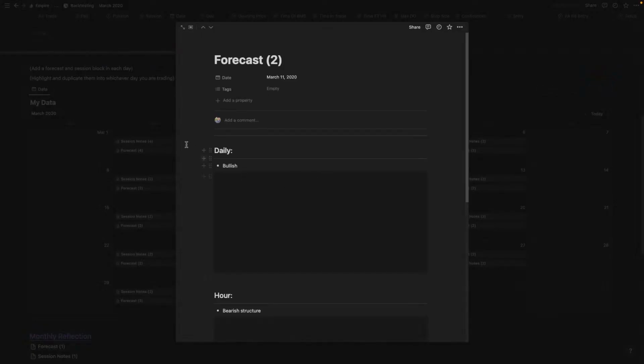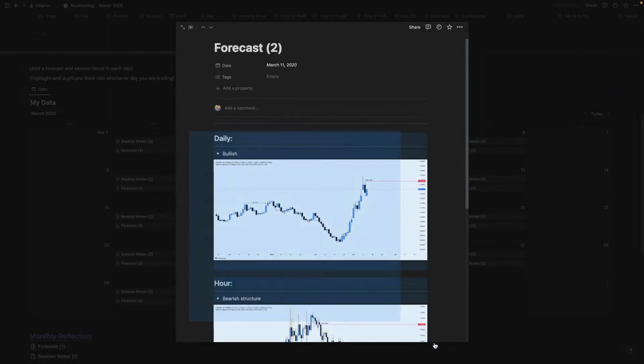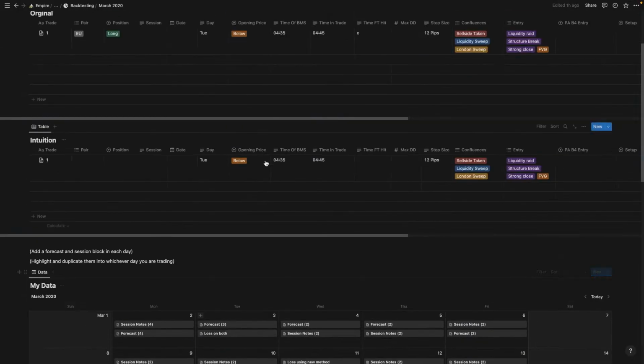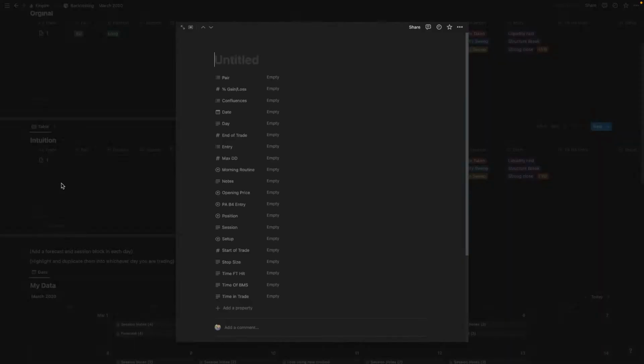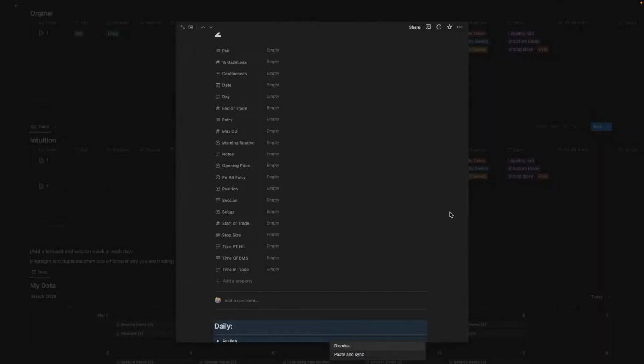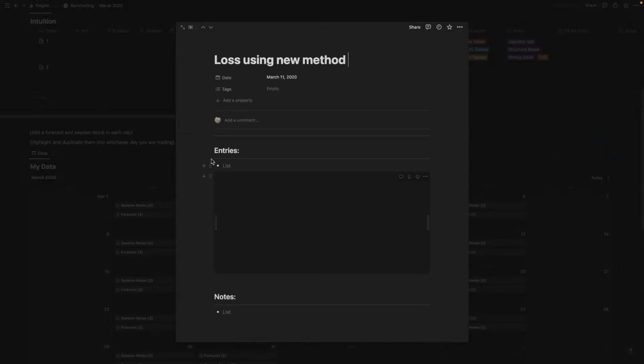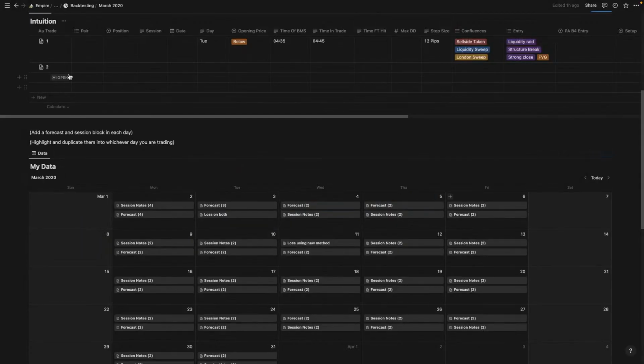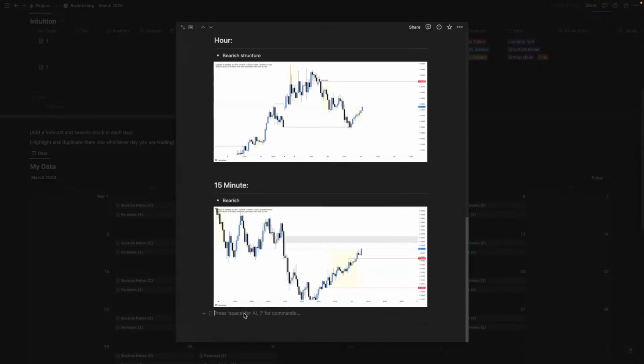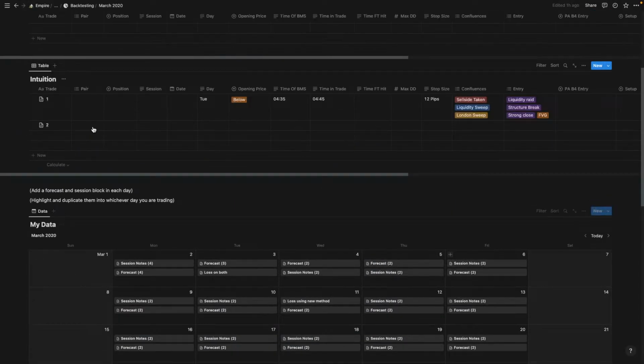So now this is how I basically journal it. So just copy all of this. This is my new intuition method. Paste entries. Boom. Okay. Pair, you short. Yeah, London, whatever.